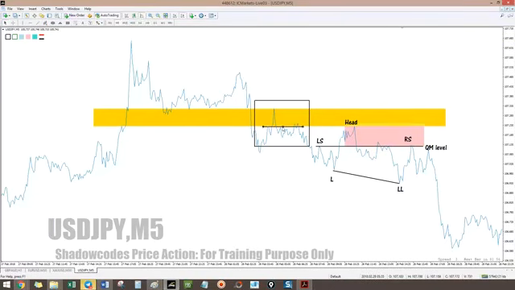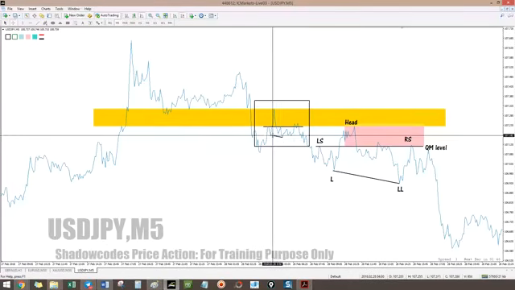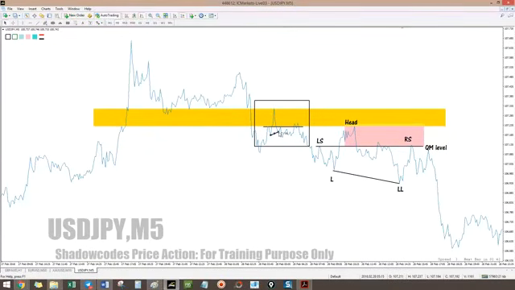Okay, it's a QM. Why? Because it does something like this. But if you are taking from here, it will be HNS. If you take up to here, it will become HNS, and you got about 4 pips. But if you take this one, it will become a QM, right?